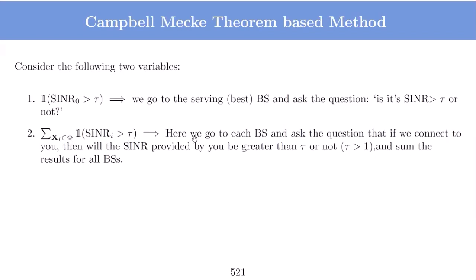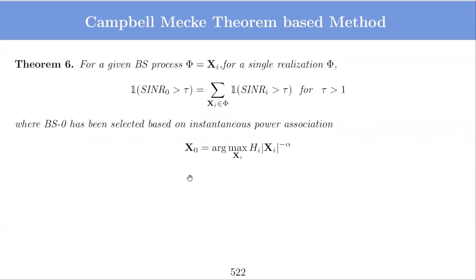Or we can go to each base station and ask if you become the serving base station, whether the SINR provided by you is more than tau or not. And we have shown in the past that for each realization, this indicator is equal to the summation of this indicator, because there can be only one base station for which this indicator can be true.